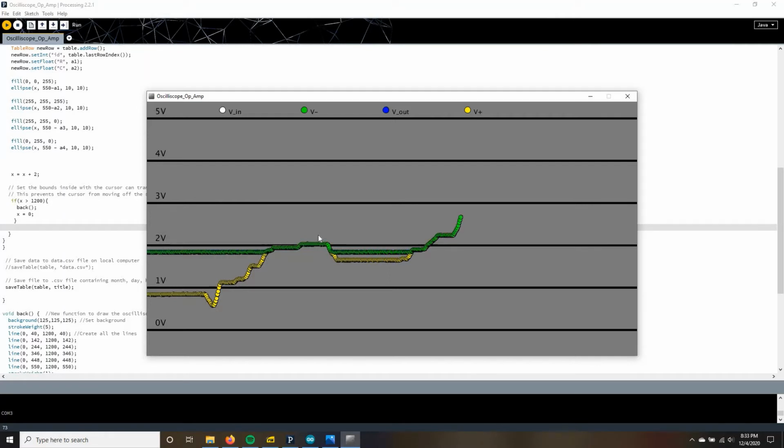So it'll follow it along between a little under 5 volts and over about 1.8 volts. I'm not sure why the cutoff is 1.8 volts, but it could have something to do with the fact that we're not running it with positive 5 and negative 5 volts. Yeah, so that's that.